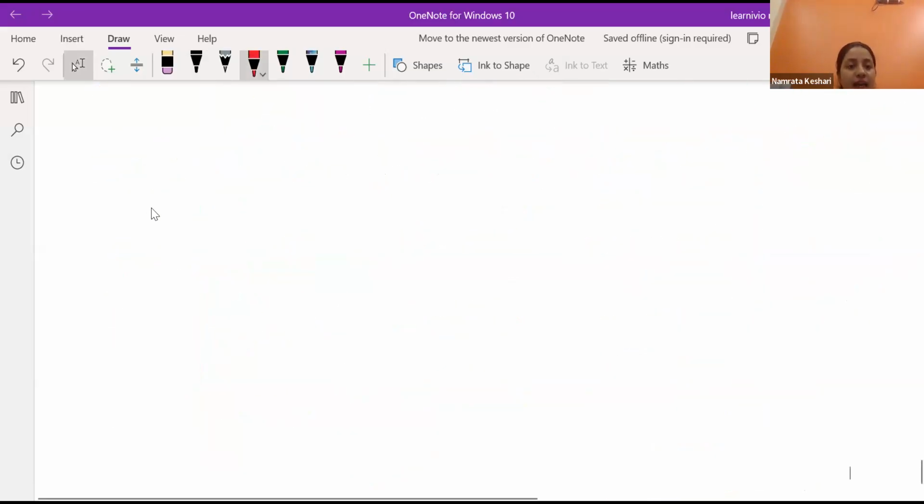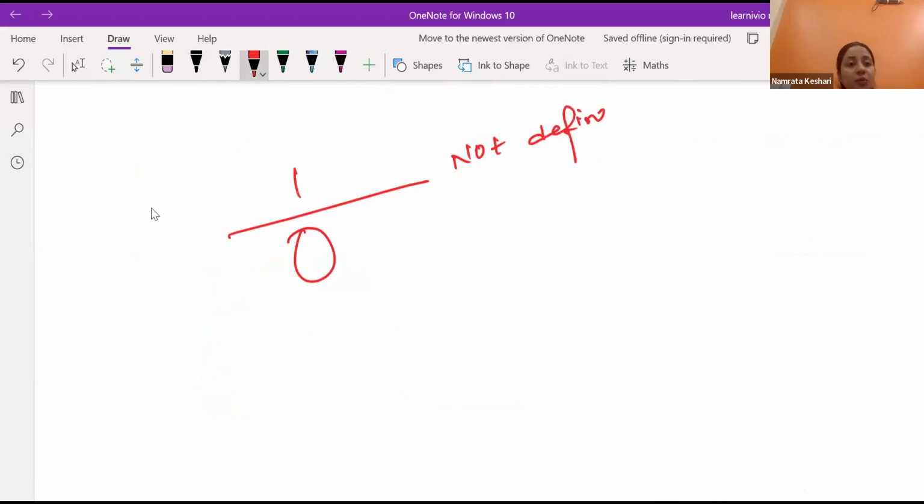Anytime you see 0 in the denominator, just like in the trigonometry chapter, 1 by 0 is not defined, right? Yes, miss. So 0 in the denominator is not allowed in mathematics. And one more thing, inside any root sign, negative is a big no-no. We don't want this negative.